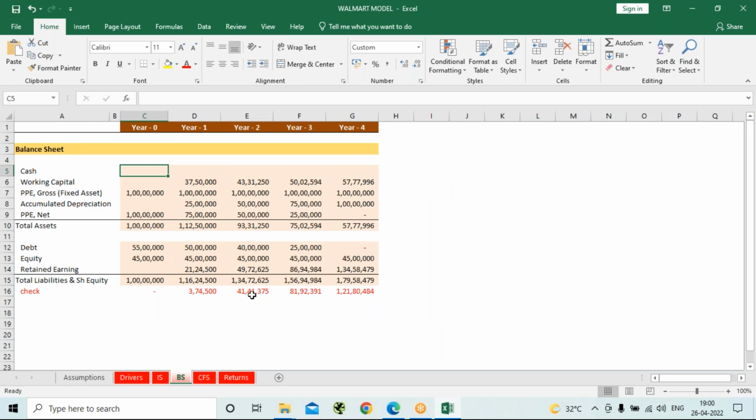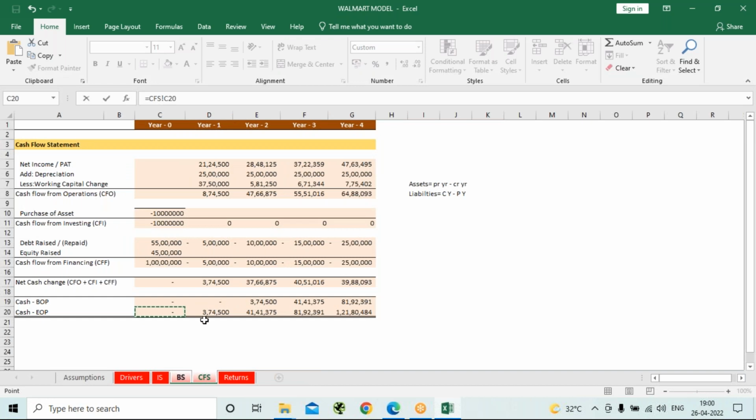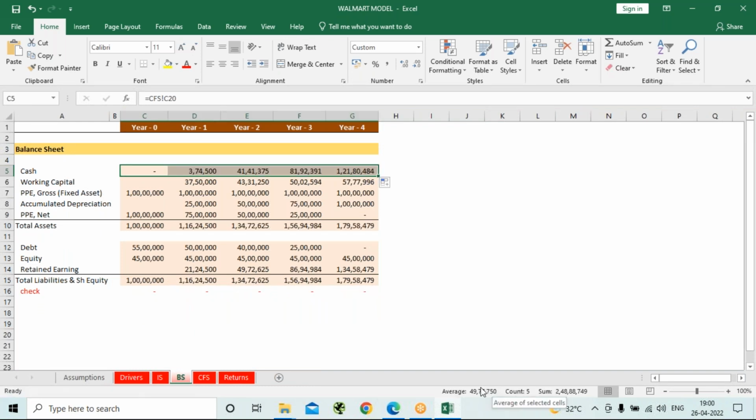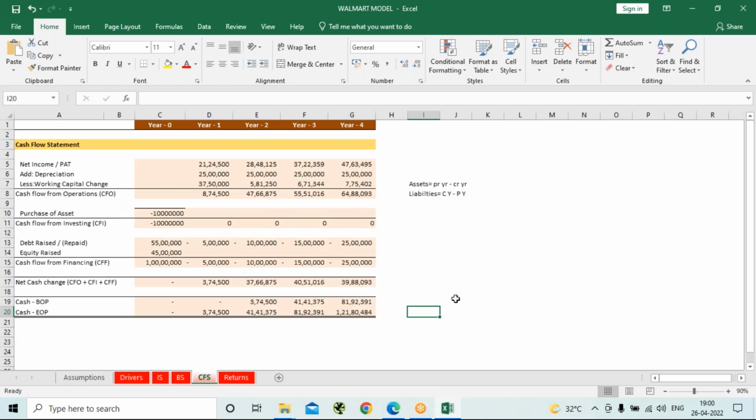So that is equal to the cash EOP value. And if I bring all those values, you can see that the balance sheet has been balanced. And you can see that there are changes in the values.